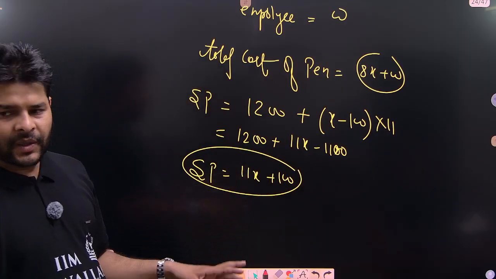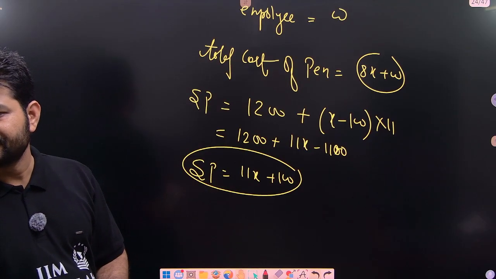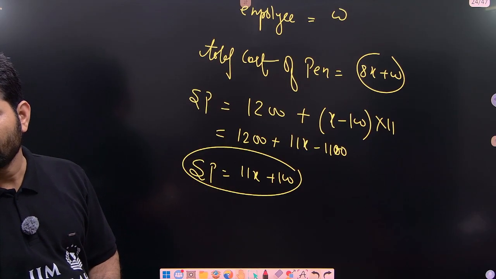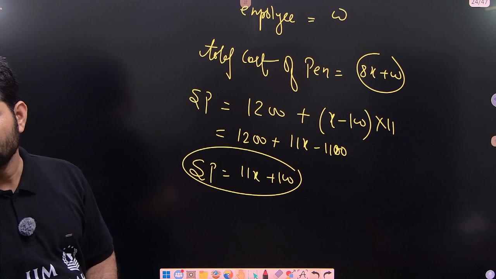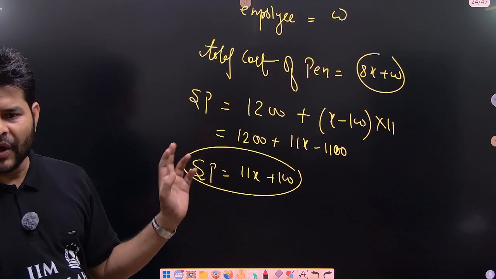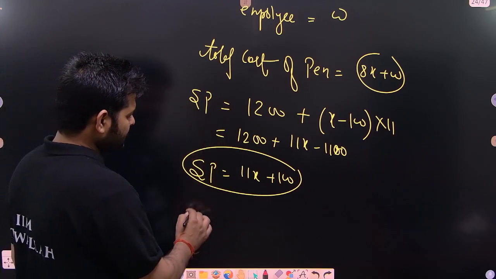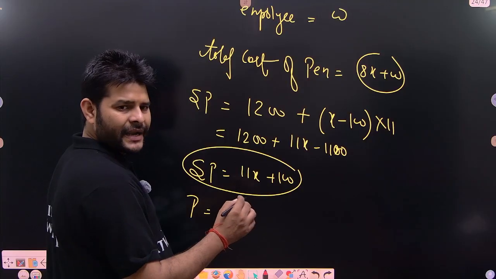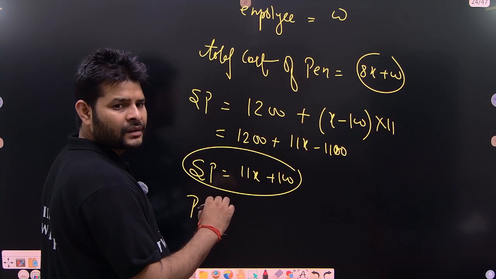If we do that, do we get a profit or loss? We get a profit of 300. Profit means SP minus CP.